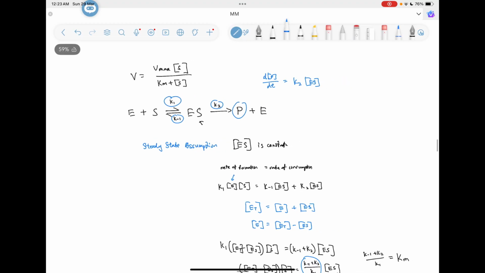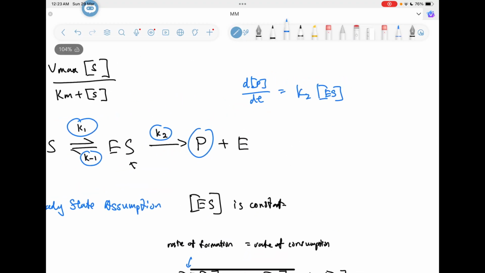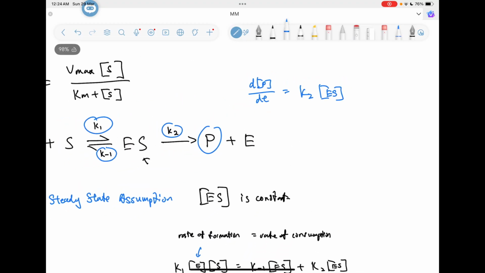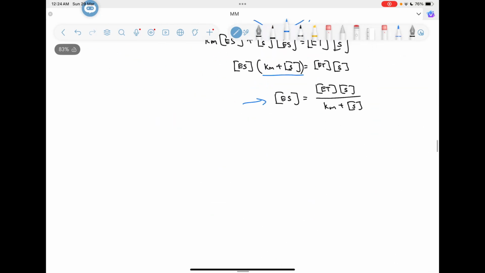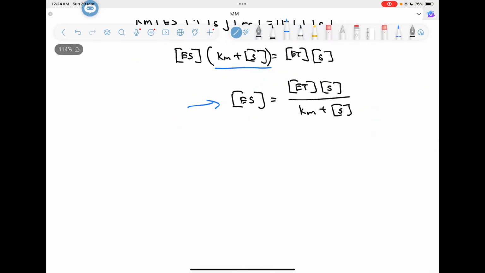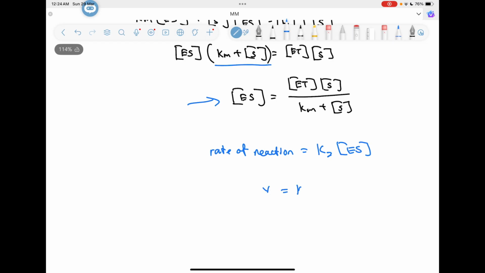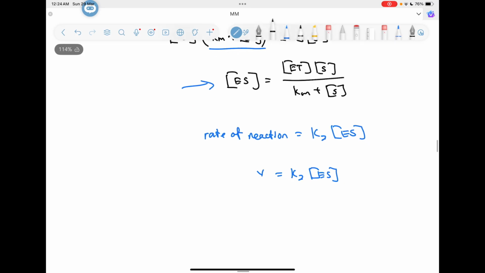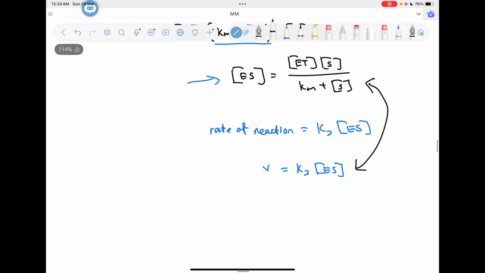Okay, so remember this equation. Rate of reaction equals K2 ES. In other words, the rate of reaction V will be equal to K2 ES.